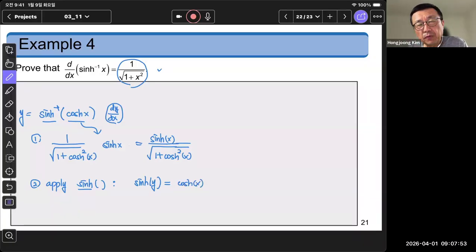Then if I differentiate both sides with respect to x, when I differentiate the left-hand side, you get hyperbolic cosine of y times dy/dx, equal to the derivative of the hyperbolic cosine, which is hyperbolic sine.